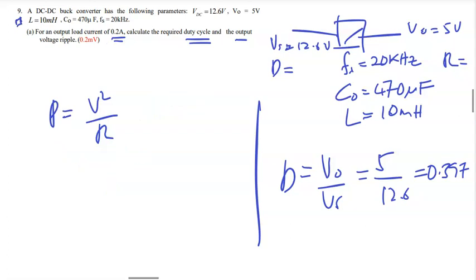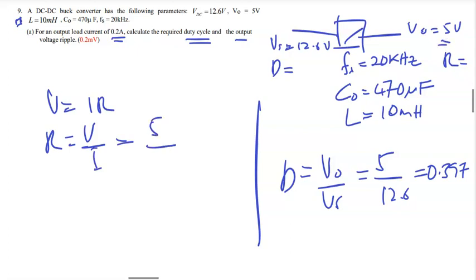You have to jot down all the formulas and use them where necessary. So R is equal to V over I, where V is 5 and I is 0.2.